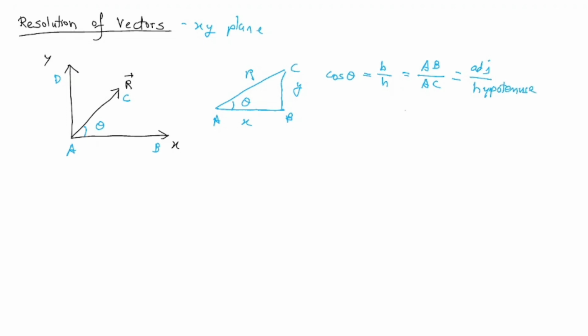That means adjacent side is equal to hypotenuse multiplied by cos theta, or we can write base equals h cos theta.